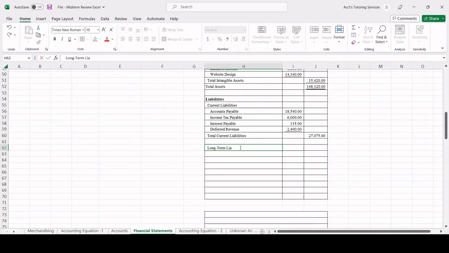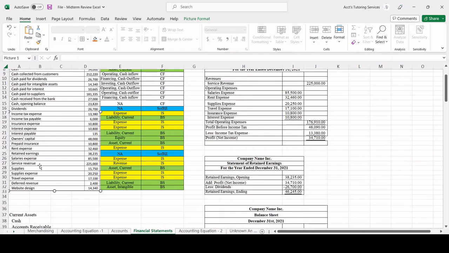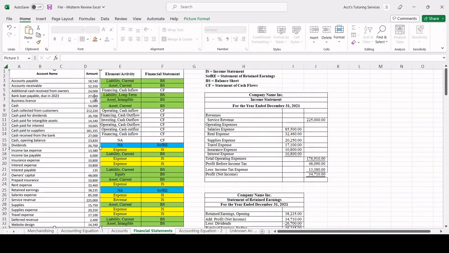Remember, we do have long-term liabilities, which is going to be 1, 2, 3, 4, 5. The bank loan payable due in 2023. So this over here is going to be bank loan payable, right? Due in 2023, which is going to be for 27,000.